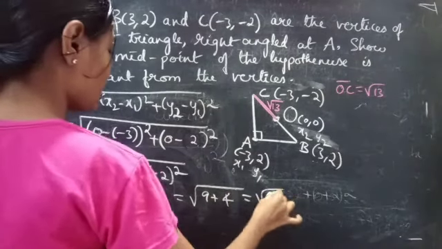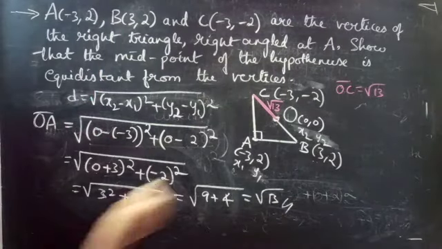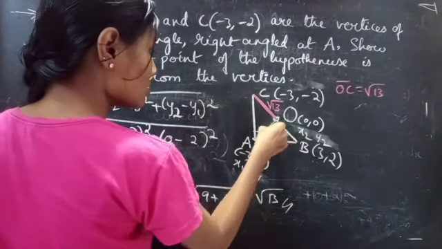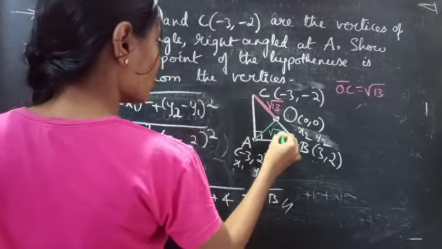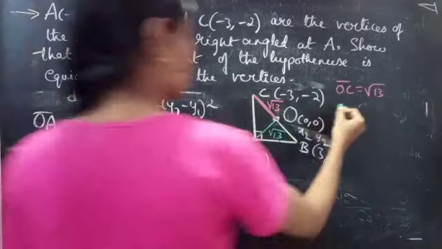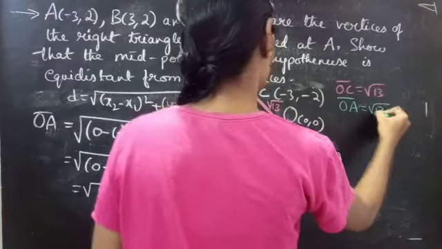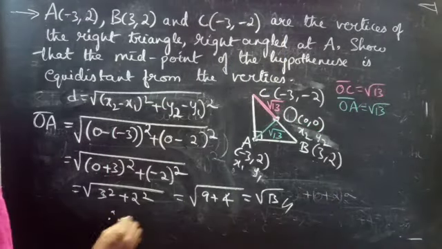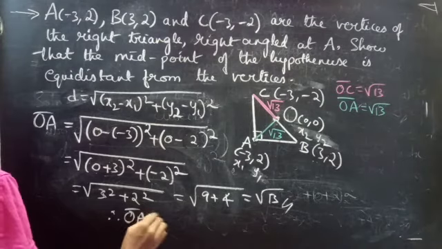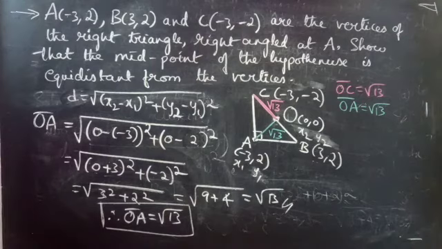Again you'll get square root of 13. So the distance OA is square root of 13.